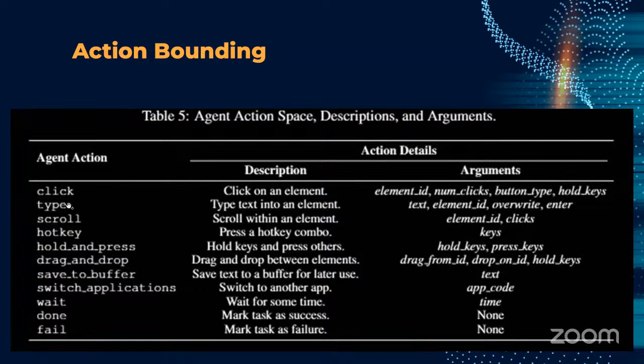So you start with click and type, which are arguably the most basic things that one immediately thinks of. When you want to interact with a computer, you might click somewhere, or you might click somewhere and type something. Scrolling is then still an independent task. You might have to scroll around a page. Hotkeys can cover things you wouldn't be able to do just by clicks and may be more efficient at some tasks.